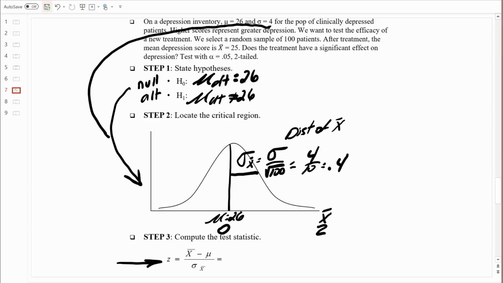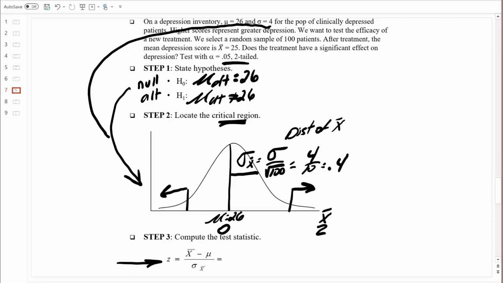So any differences that we do see become less likely to occur just due to chance. All right, we've labeled up the distribution pretty well, but remember the reason why we're here is to locate the critical regions. We are using an alpha of 0.05 for a two-tailed test. That means we're going to have critical regions, otherwise known as rejection zones, on both sides of this distribution.